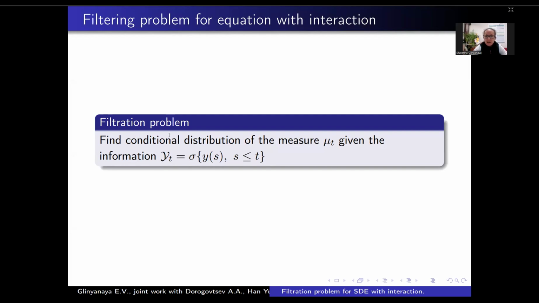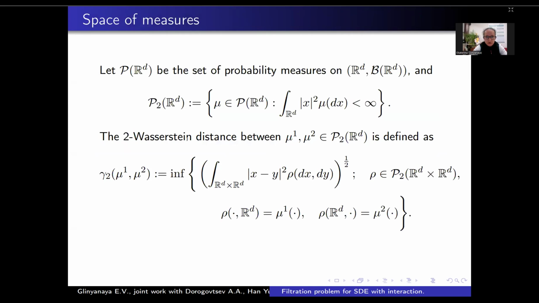What does it mean, the distribution of a measure? We need to fix a space where we will consider the distribution. For this, I recall that two seminars ago Alexander presented the Wasserstein space of probability measures.